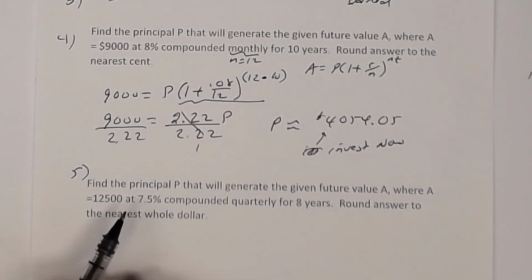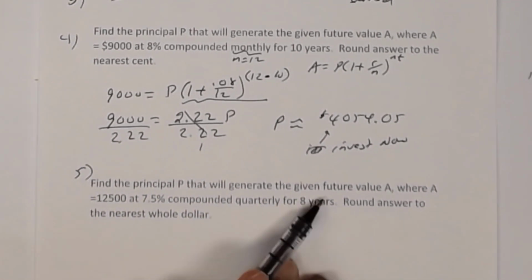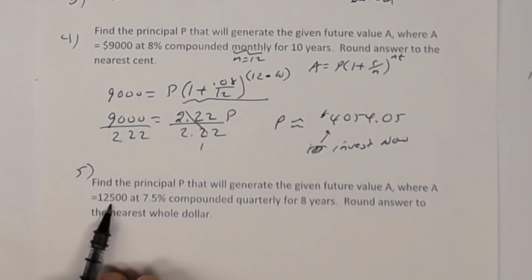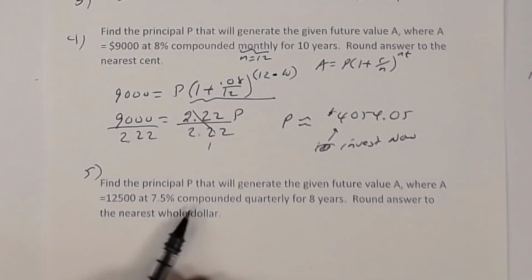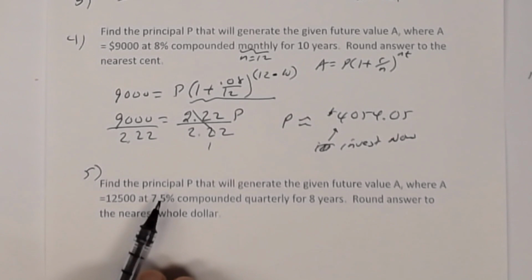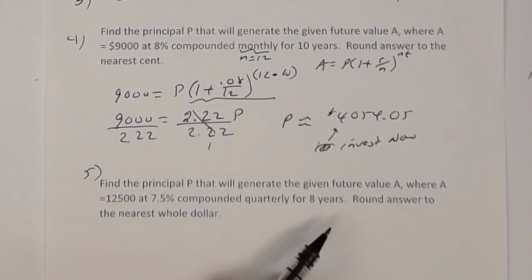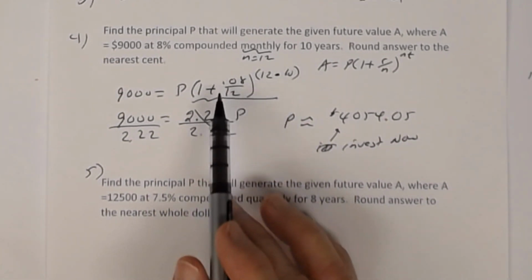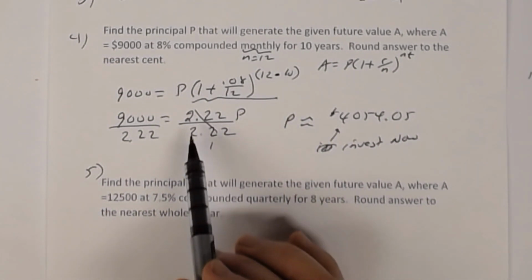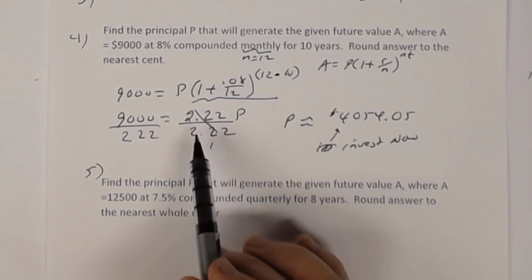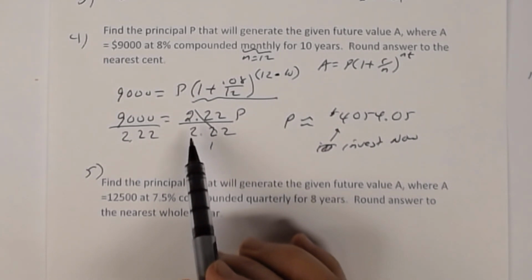So same thing, number 5, you want to find the principal that will generate the given future value of $12,500, compounded quarterly for 8 years at this interest rate. And this time we're going to round to the nearest whole dollar. Now, we need to be careful when we do this, because that's a decimal, and sometimes those decimals can be very small. Like 2.22, that's a very small number.